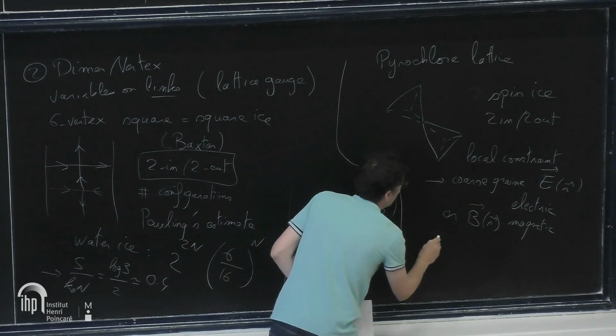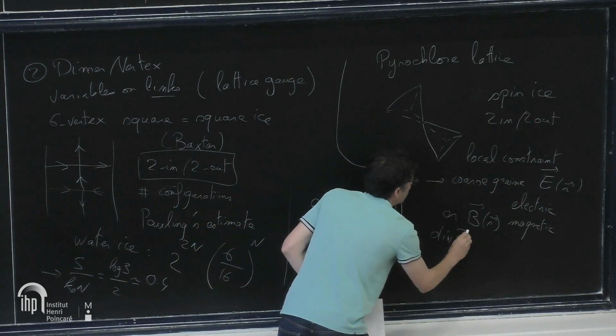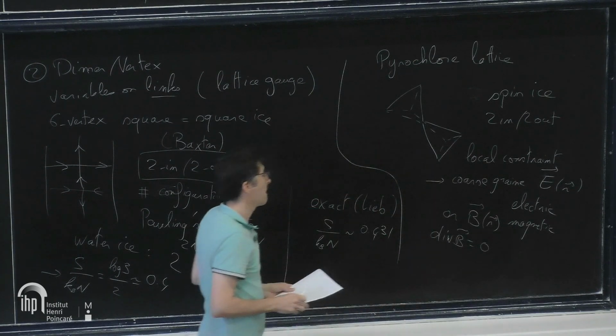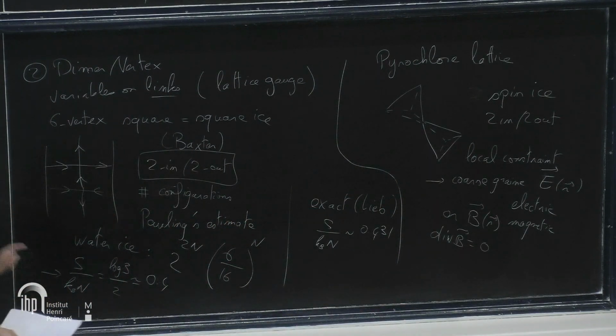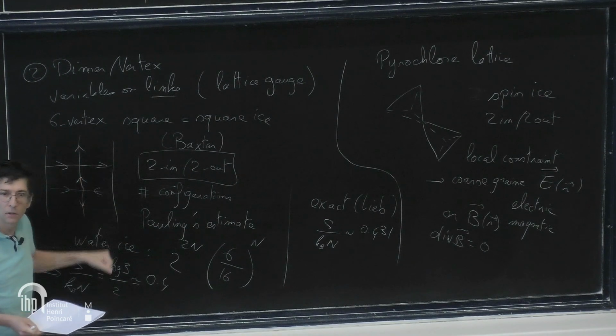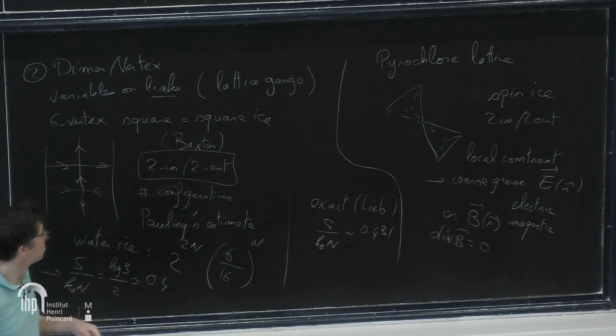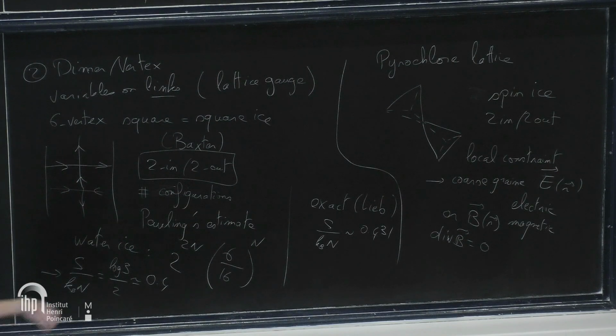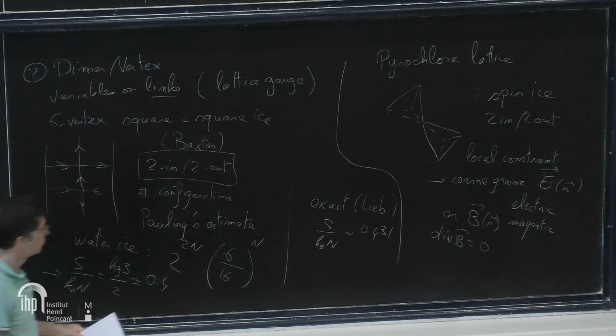But let's take B. So divergence of B is 0, which is simply enforcing this local constraint. And then you want to write an action, and the action is the electromagnetic action. So if you take B, it will just be proportional to B squared, or E squared if you prefer. And then you know everything. Correlations are dipolar.